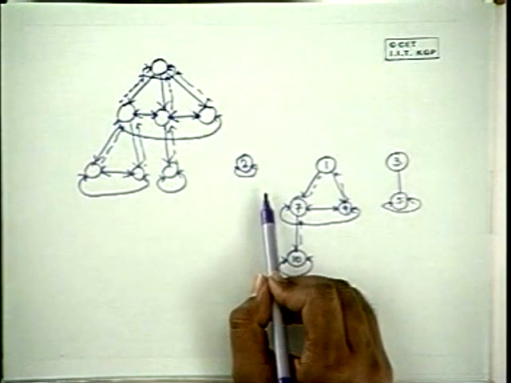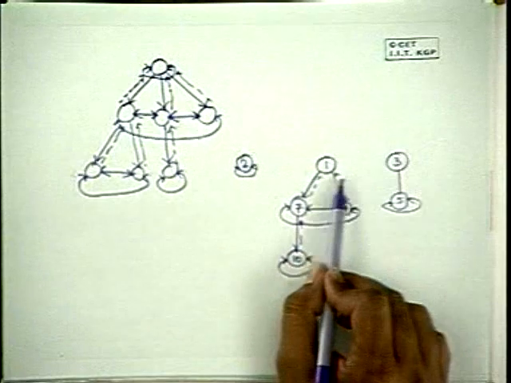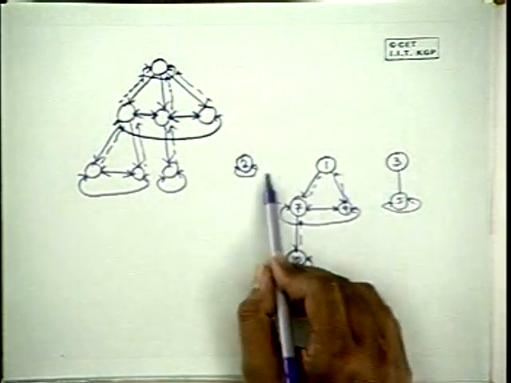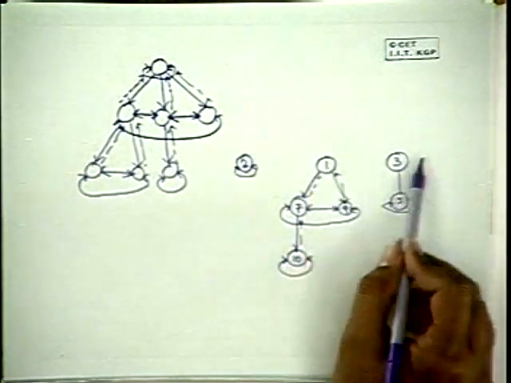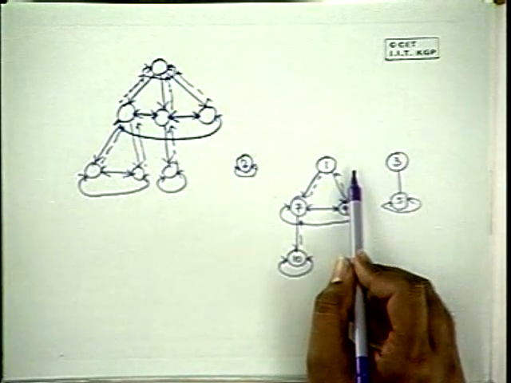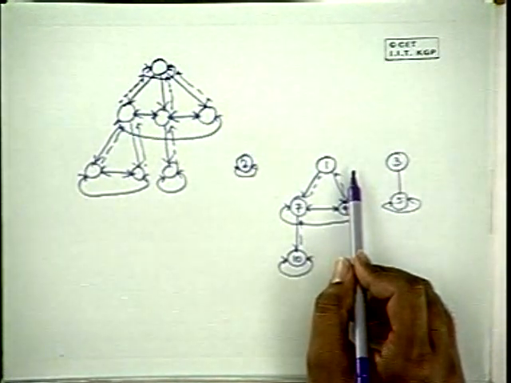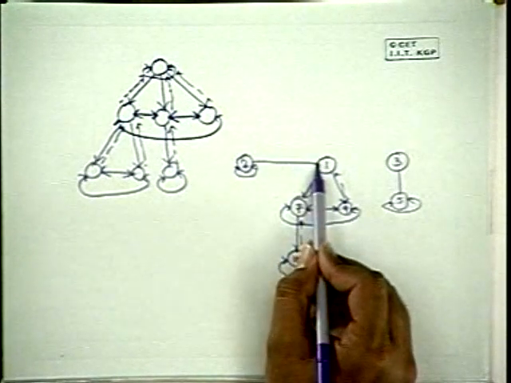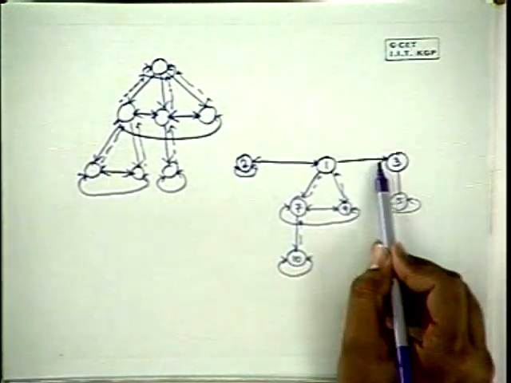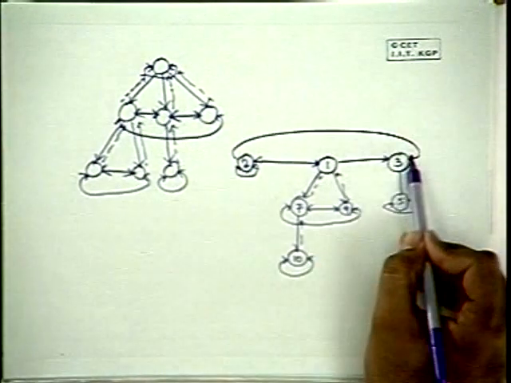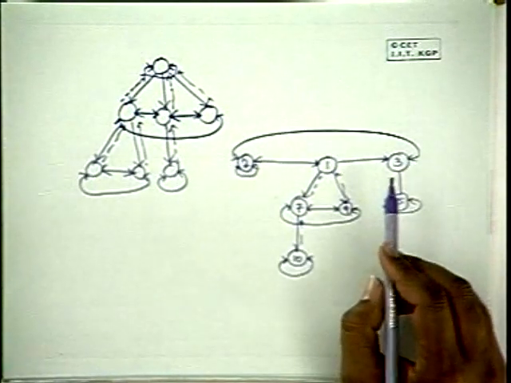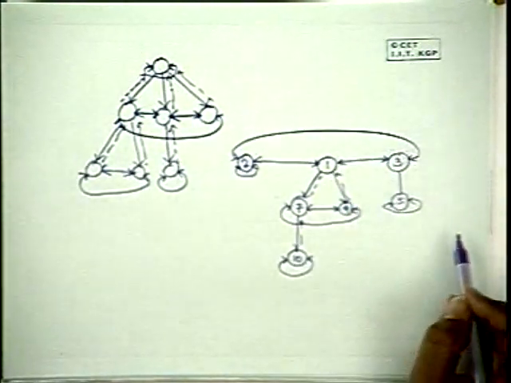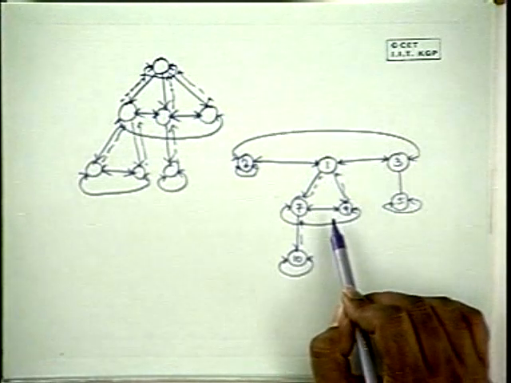Now what will happen in the Fibonacci heap, we will represent all these heap ordered trees in a collection. All the roots of the heap ordered trees will be linked in a doubly linked list. So all these roots are now connected with the doubly linked list. So this is the Fibonacci heap now.